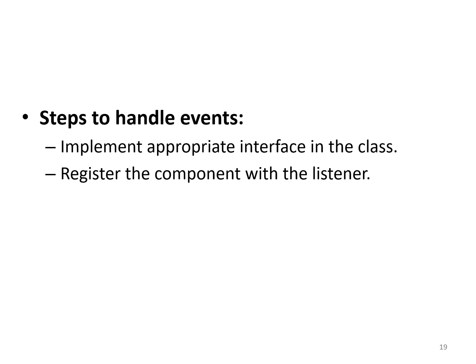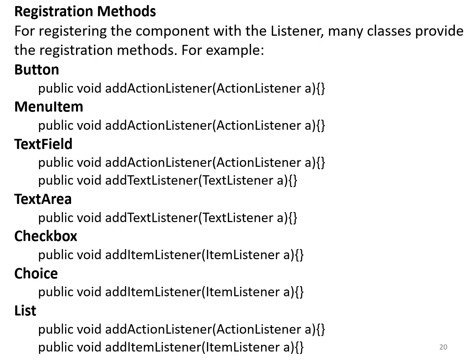We can implement the appropriate interface in the class, and then we can register the component with the listeners. When you're talking about the registration method, for registering the components with the listeners, different methods are provided.